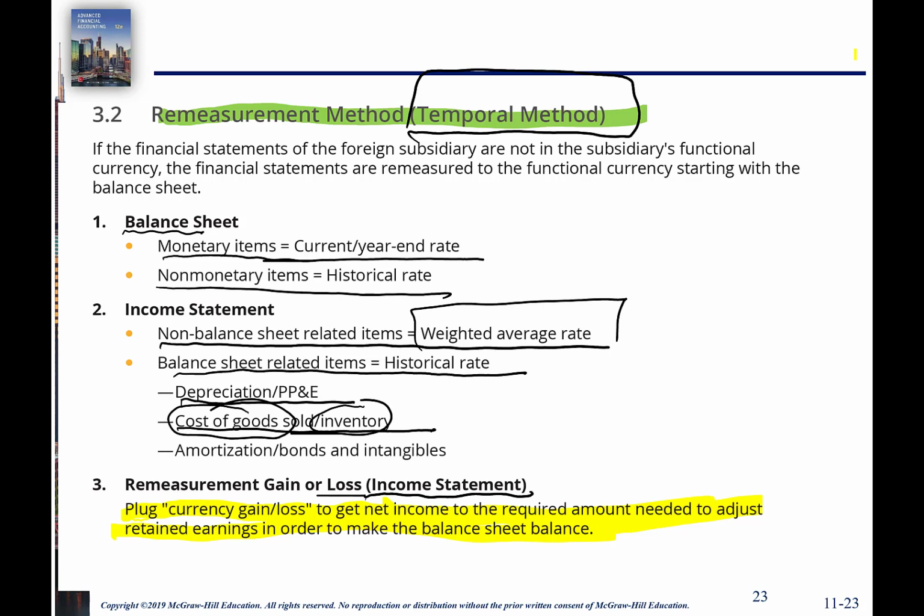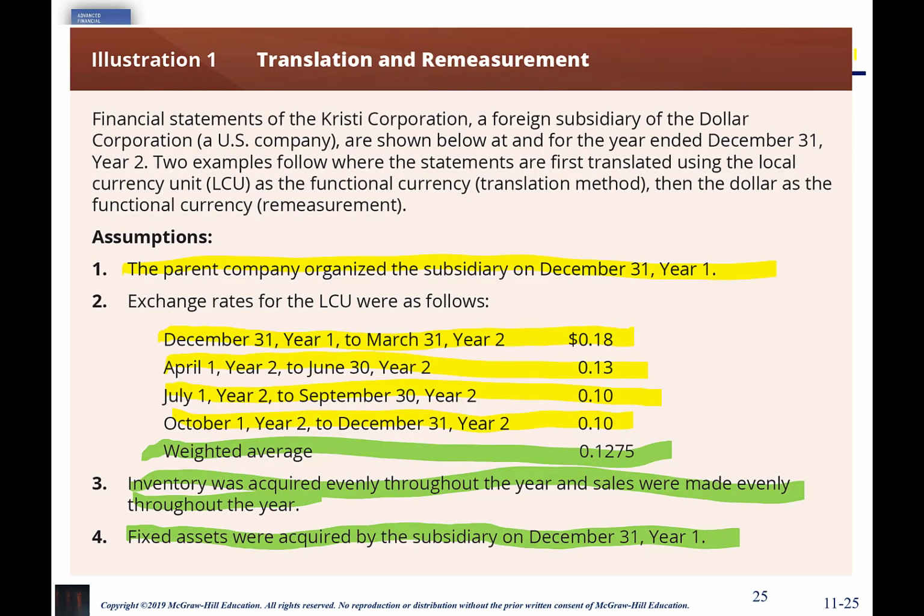So here are the rates: the year-end rate is the current rate, so we'll use that for the remeasurement of monetary items, and the weighted average for our income statement items. However, if items are acquired evenly throughout the year, then we use the weighted average, and we will use the historical rate for our non-monetary items.